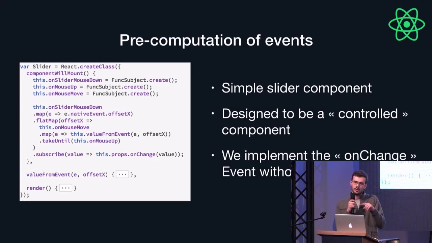And each time the user moves the thumb of the slider, it calls the onChange callback. What we do here is, again, create observables and define what values the onChange callback will push by combining those observables. But instead of binding the state of a component to the value pushed by this observable, we will just call the callback.